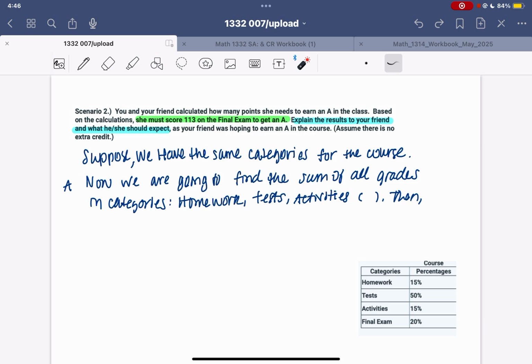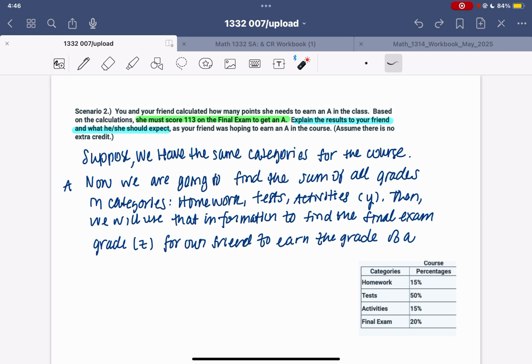Those are the categories that we are going to be using, and I'm going to call this Y. Then we're going to use that information to find the final exam score for our friend to earn a B in the course, or an 80 out of 100.